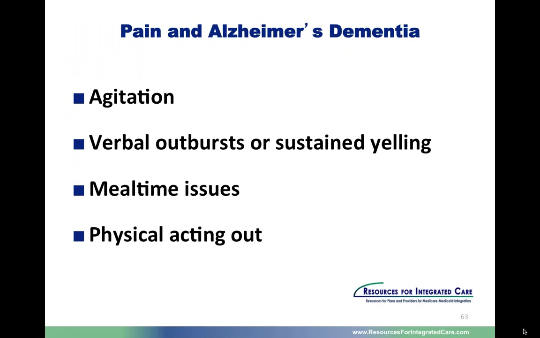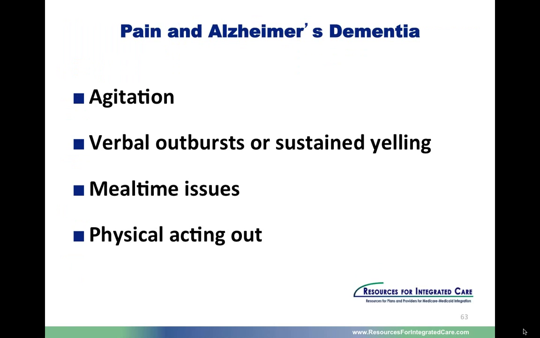Because we don't expect to see that with mild dementia, if we have a developmentally disabled person, let's say somebody with Down syndrome, who has had Alzheimer's dementia onset, but is still in the mildly impaired range of the dementia, and we now start seeing a notable increase in agitation, verbal outbursts or sustained yelling, or trouble in the dining room, mealtime issues, or acting out, one of the things that we should suspect there as a possibility is that this is the onset or worsening of a pain problem.